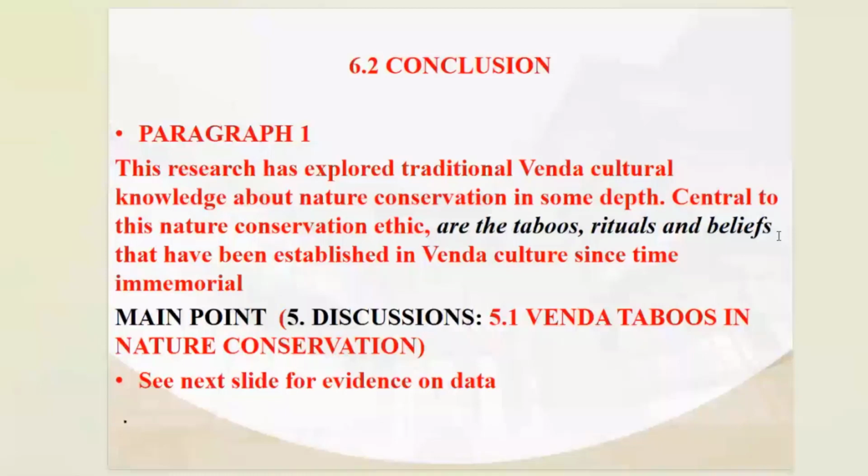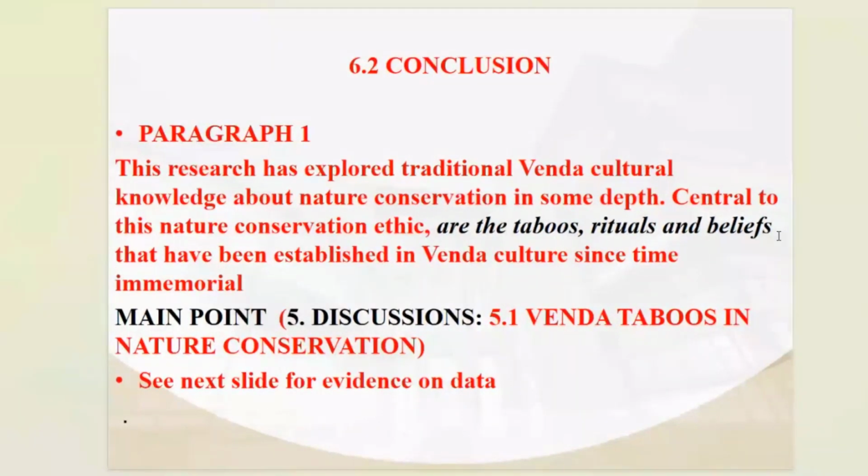And we go to paragraph number 1 of the conclusion. We'll read it, and I will show you where it comes from and where it has those linkages. It reads like this: This research has explored traditional Venda cultural knowledge about nature conservation in some depth.